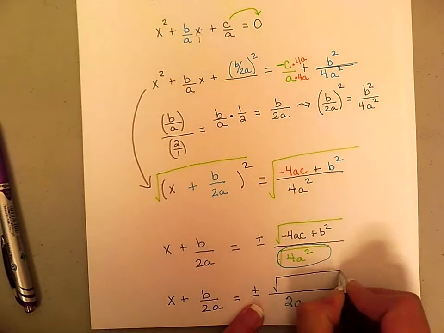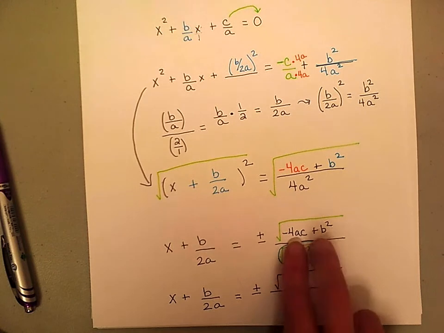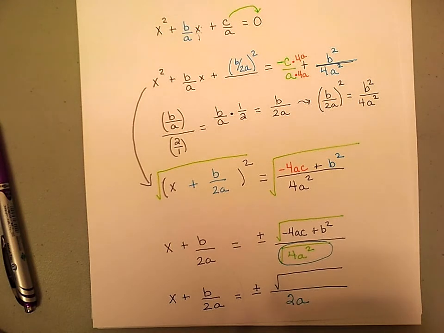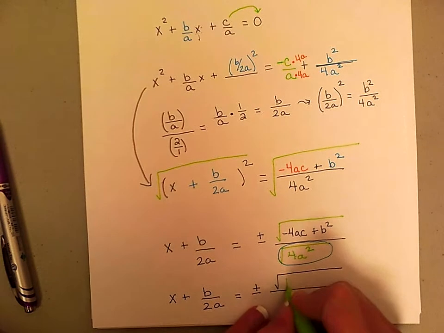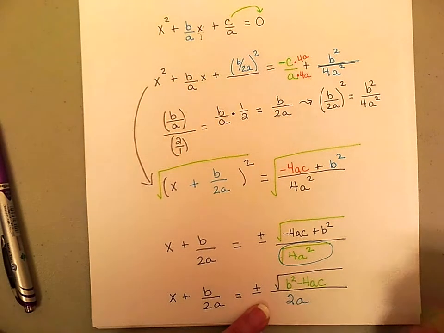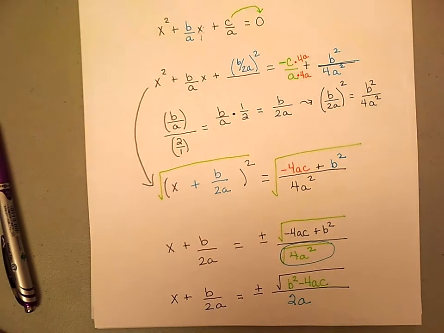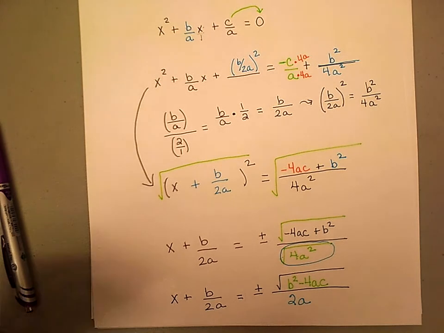Up top, we still have the square root. And let me commute these, okay? So this becomes b squared minus 4ac. I hope this is becoming familiar to you.